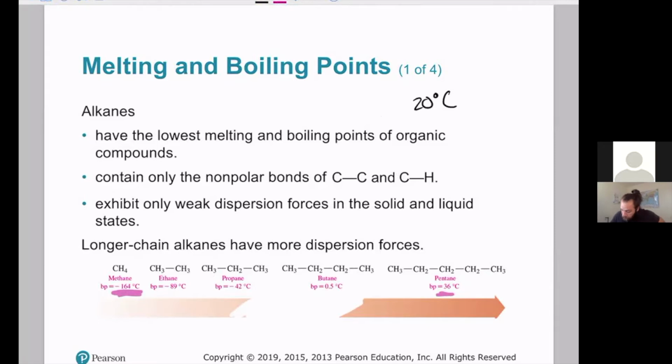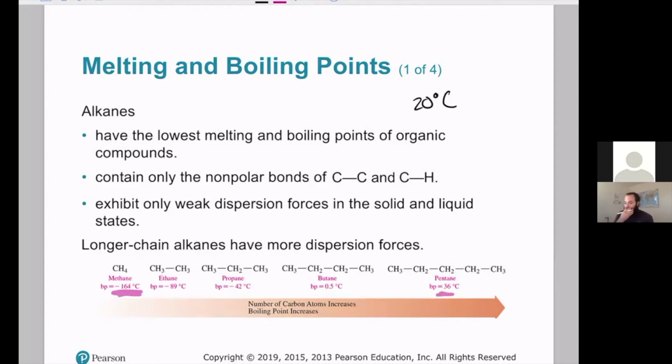And so the trend that we have been explaining here is that as the number of carbon atoms increases, the boiling point of those compounds increases. So that temperature at which it goes from liquid to gas will get higher and higher the more carbons that you have.